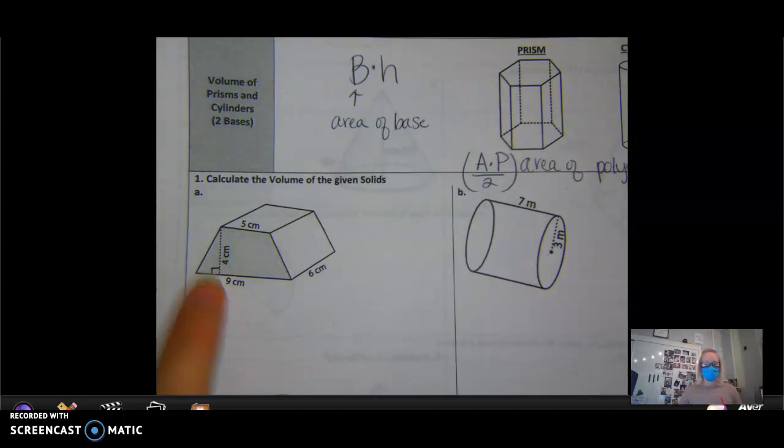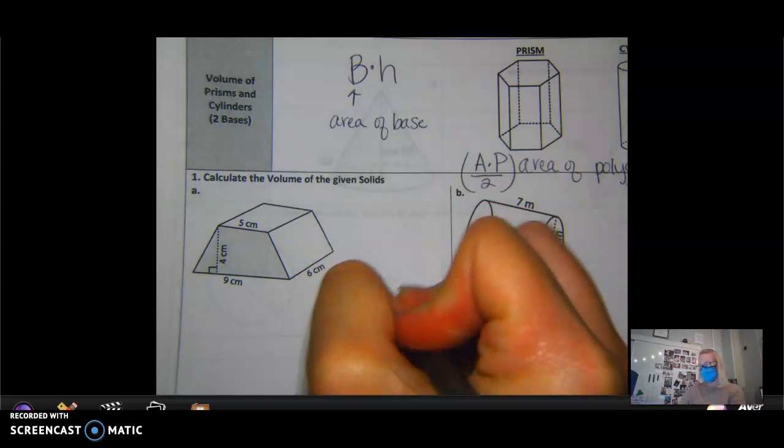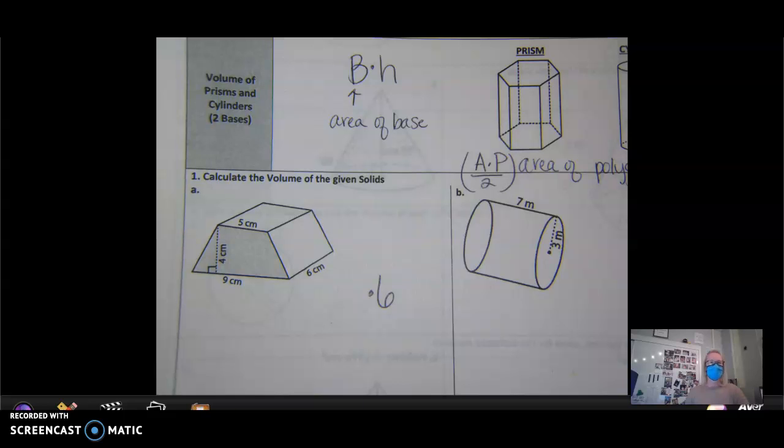Okay, A. Here's a quadrilateral. What kind of quadrilateral base is this? It's a trapezoid. So the base is a trapezoid, and what's its height on this? The height of the trapezoid is 4. What's the height of the figure? 6. So we know we're going to do something times 6 because that's its height.